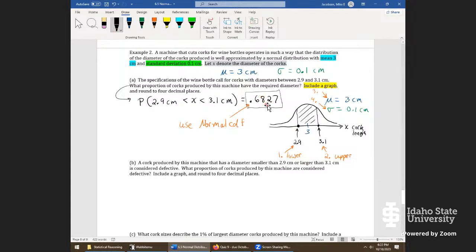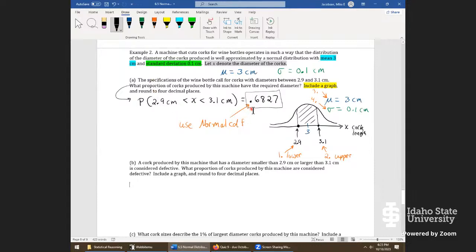If we thought of this as a percentage, we would have said 68.27% of all the corks produced by this machine will have diameter between 2.9 and 3.1 centimeters. Probably didn't ask for a practical interpretation, so it's not required to write it down. In fact, the question is the interpretation on this one here.